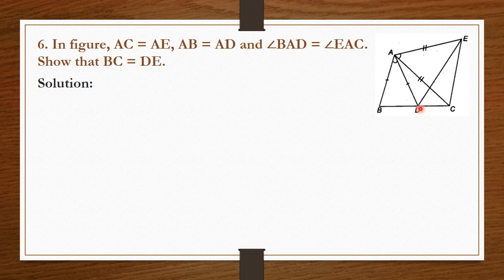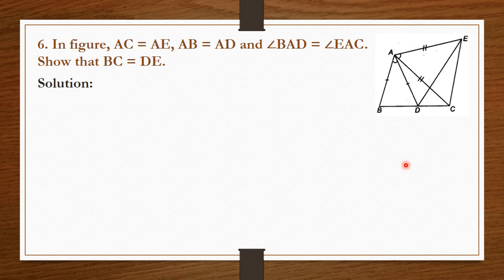Again, in triangle ADE, we have angle EAC plus angle DAC. So we can see that DAC is common in both, right?